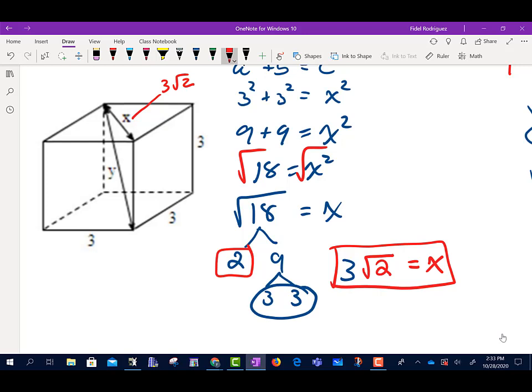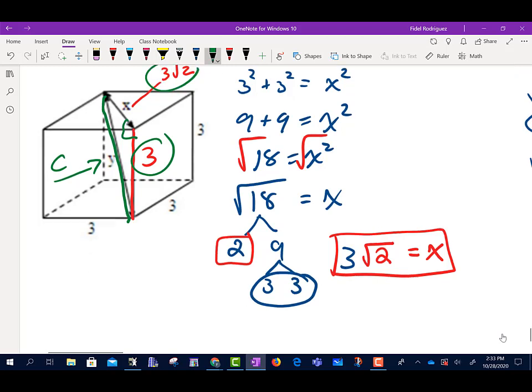Now, we also know that this side going down from here to here is 3. What we're trying to figure out now is, what is that diagonal distance over there? Again, if you notice, we're going to have a right angle right here. So these are going to be my legs, and this one here will be my hypotenuse. That'll be my C. So let's see.